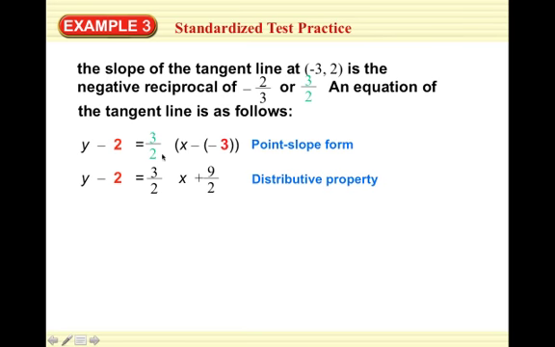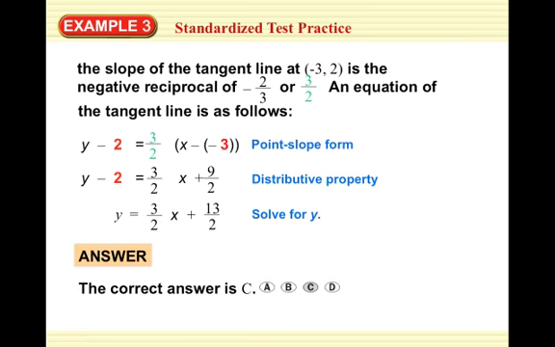So we have y minus 2 equals 3/2 x plus 9/2. We're going to add 2 to both sides. 2 is the same thing as 4/2, and 9/2 plus 4/2 is 13/2. So y equals 3/2 x plus 13/2. And that means the correct answer is C.